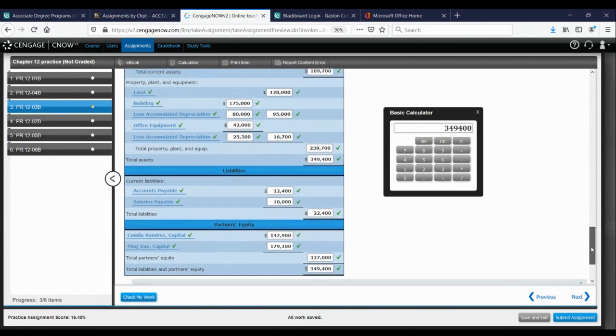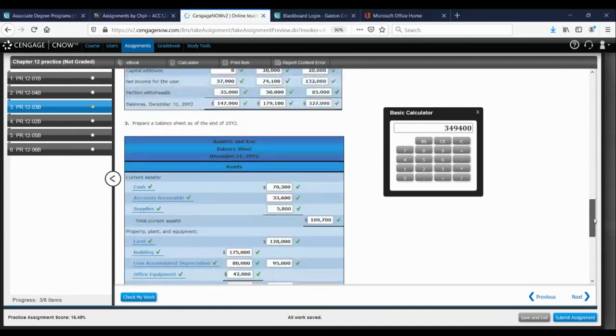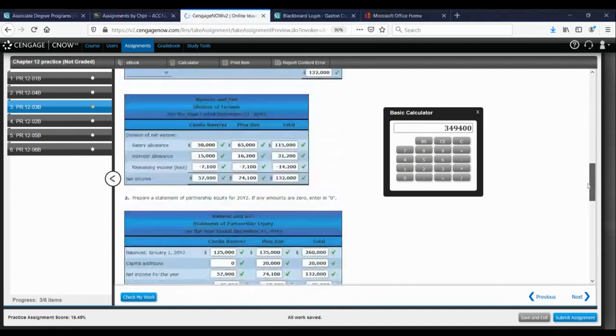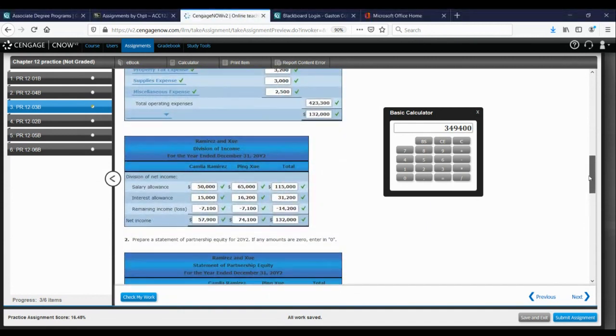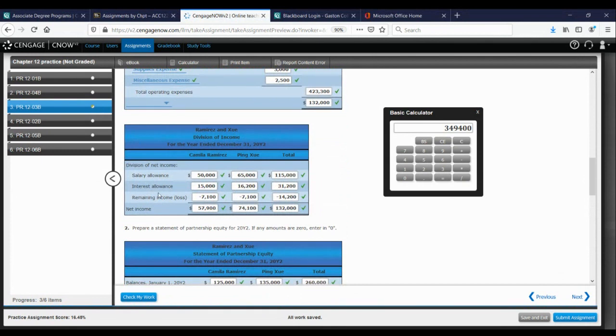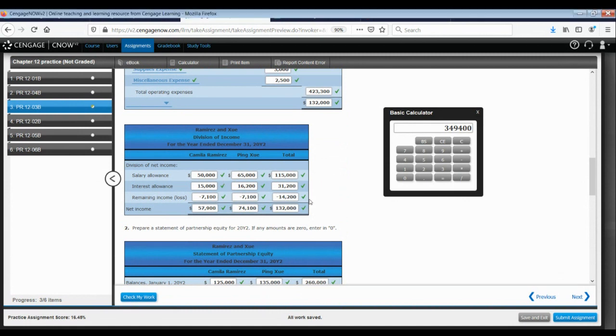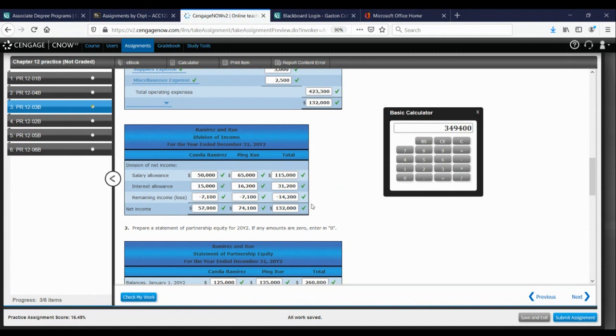So most of these statements probably was a review for you. The only difference is we have to figure out that division of net income. And because these calculations can be a little bit difficult, I did prepare an Excel spreadsheet for you, and I will show you that so you could look at these calculations again. You'll have something to look at if you needed to.